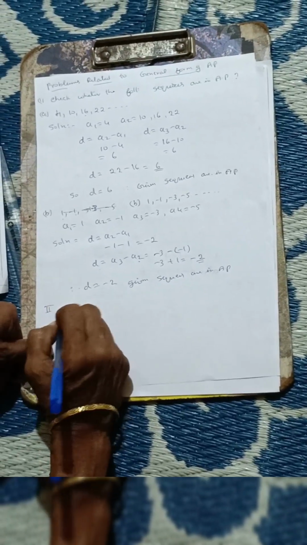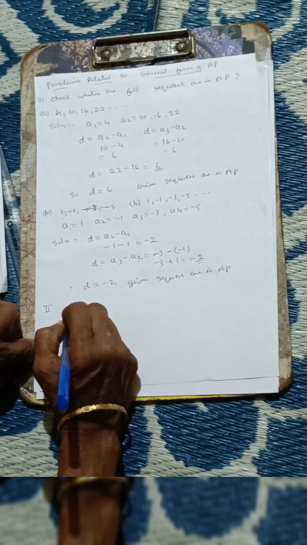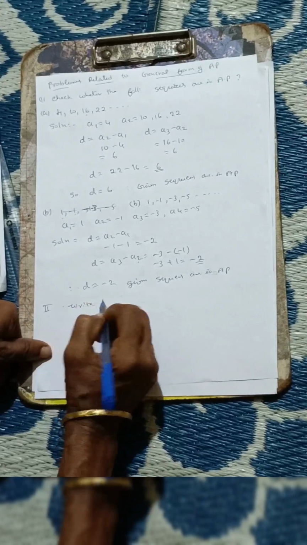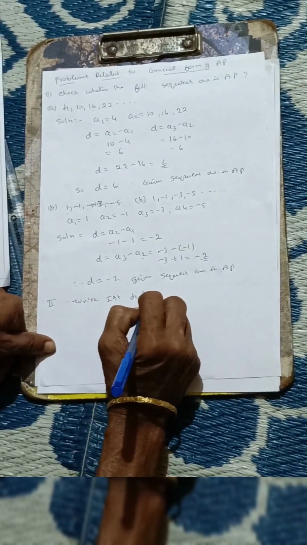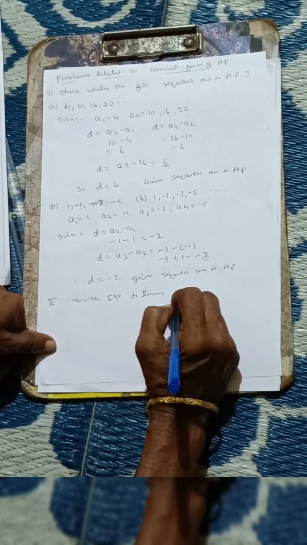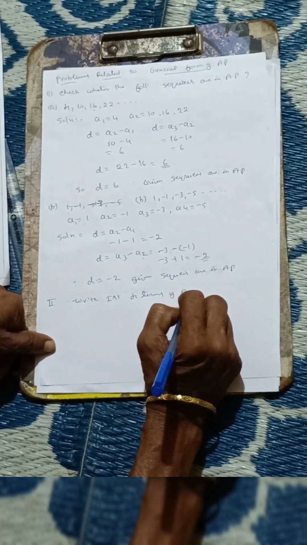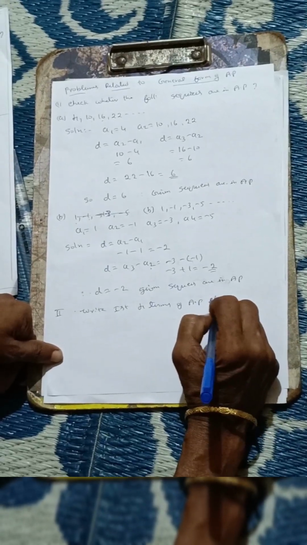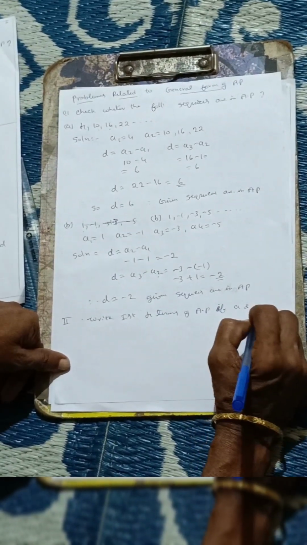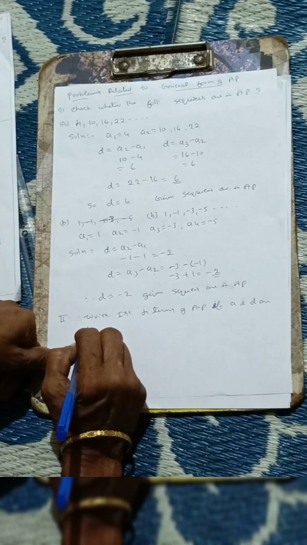Second main question. Write the first 4 terms of the AP if A and D are given.